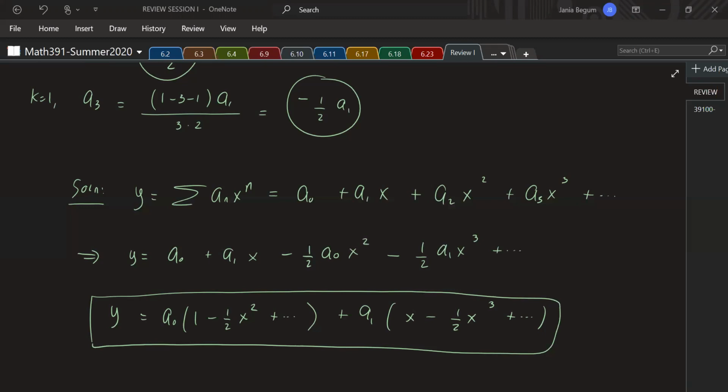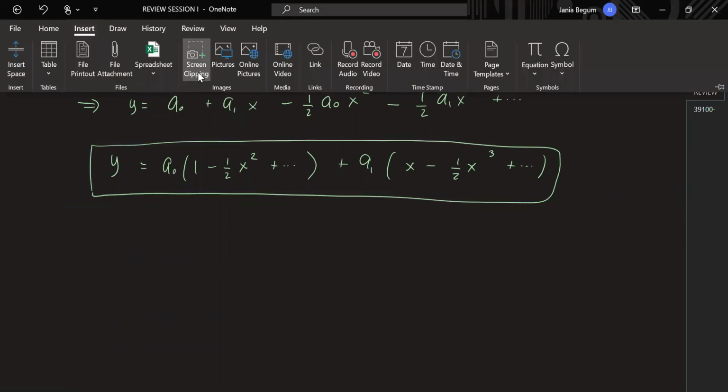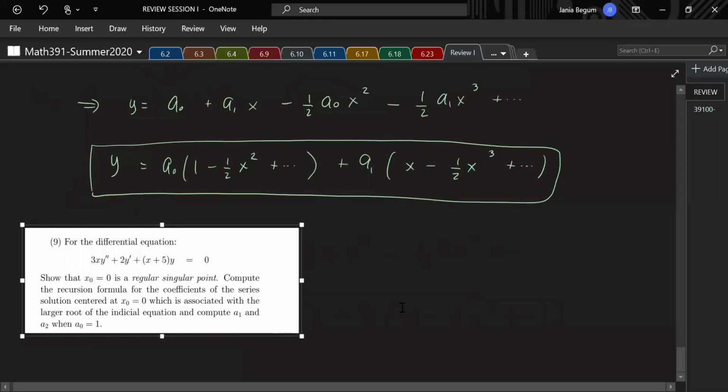Which problem do you want to see? Number 9. All right, I'm going to copy that to OneNote. So that's number 9 from this one, right? Yep, that's it.